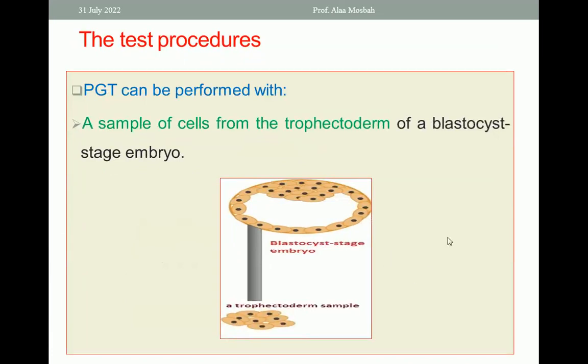Okay, this is the third one, with the trophoectoderm. These are the trophoectoderm cells from the outer side of the blastocyst. I'm not going to take from the inner cell mass. I'm taking from the outer surface of the blastocyst. This is called trophoectoderm sample.